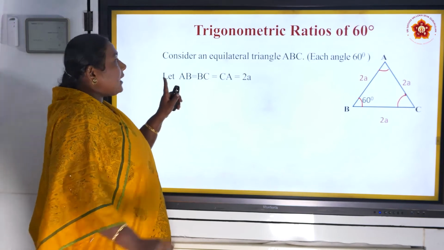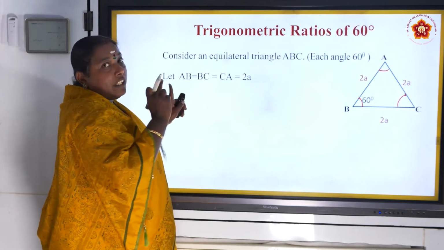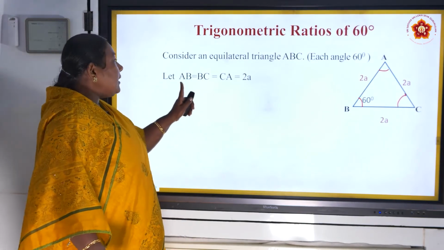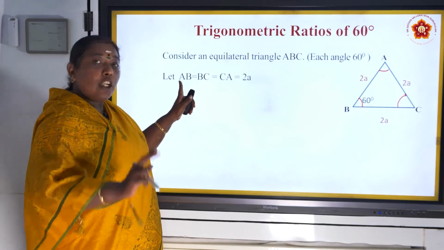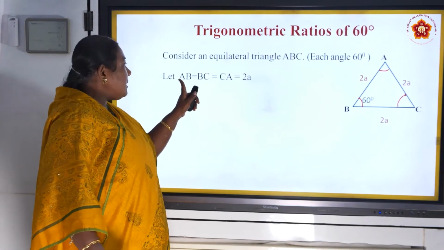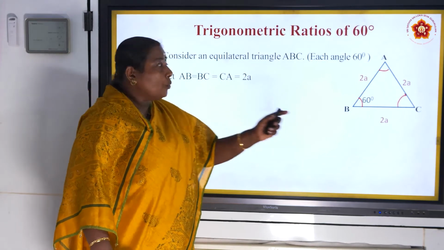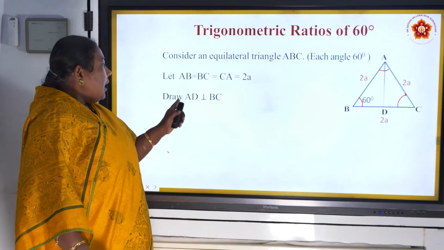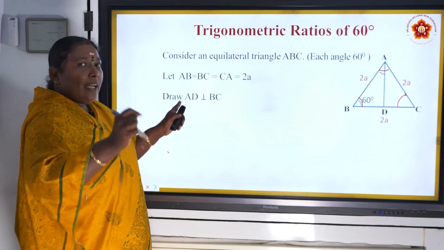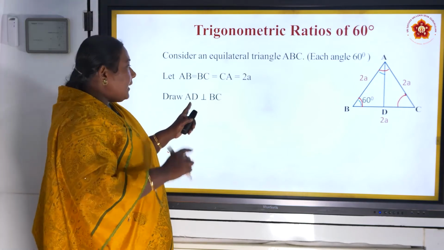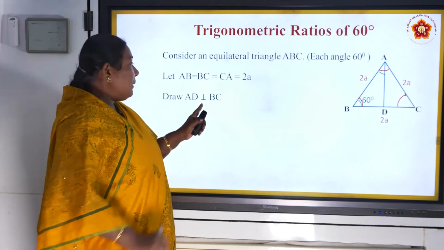So let us take an equilateral triangle with each angle 60 and all the sides be 2A. That means AB is equal to BC is equal to CA is equal to 2A. Then I am dropping a perpendicular line AD from A to BC.